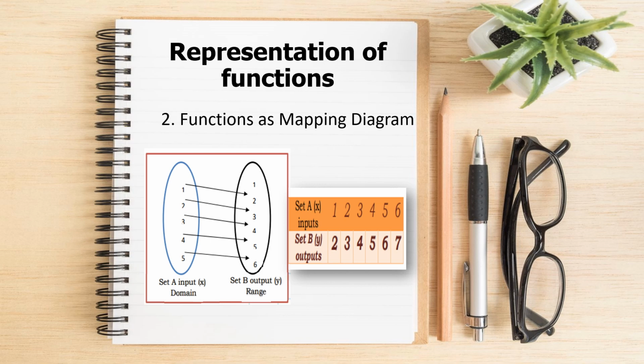So we also use arrow symbol to denote correspondence. So 1 corresponds to 2, 2 to 3, 3 to 4, 4 to 5, 5 to 6, and 6 to 7.